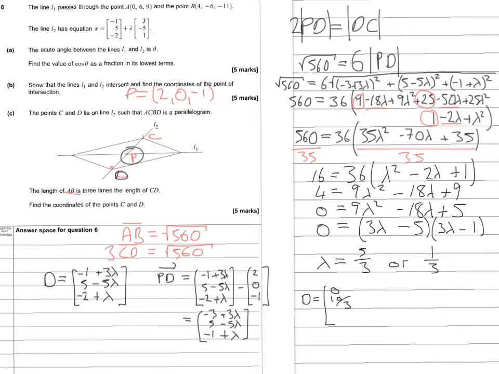You can do that on a calculator, that's fine. -2 plus 1/3, so that is -5/3.